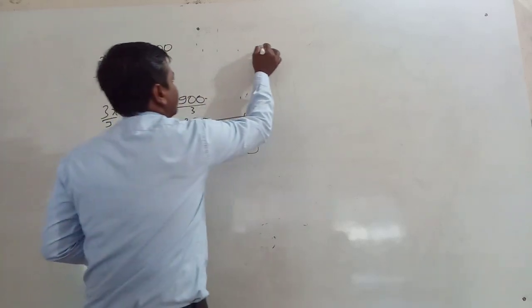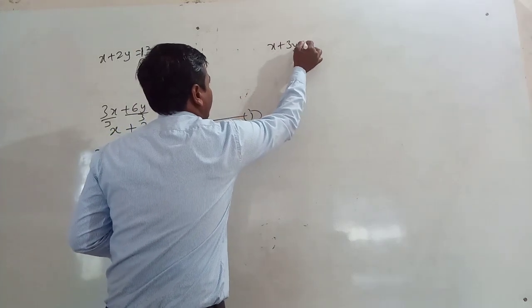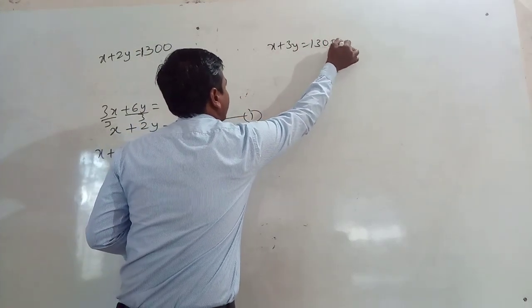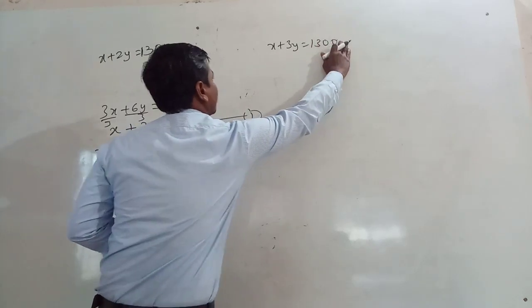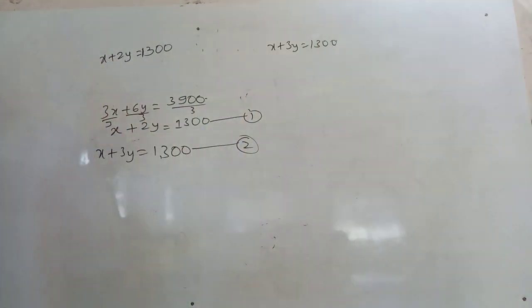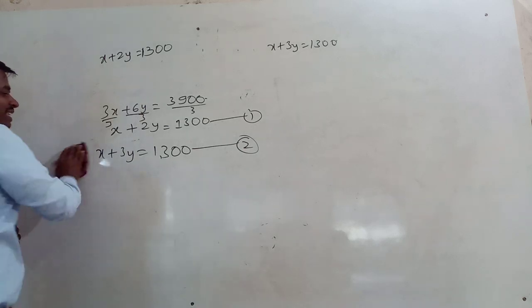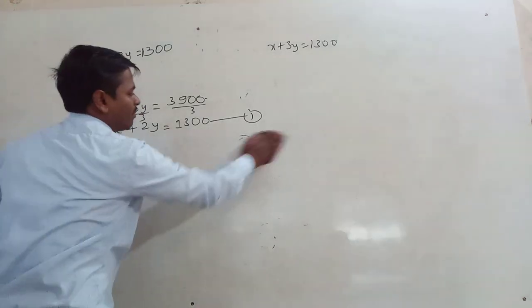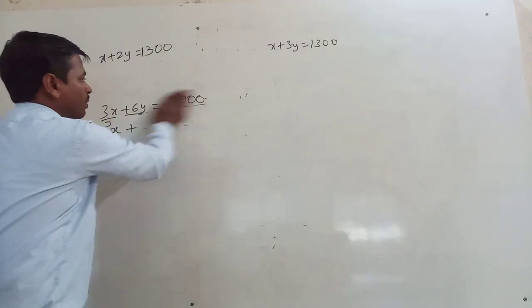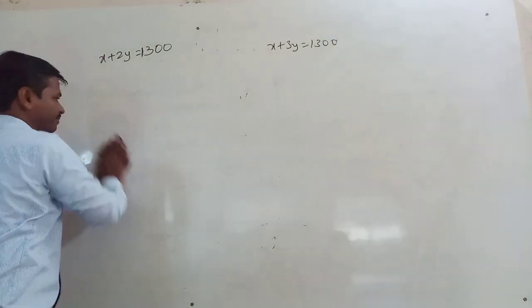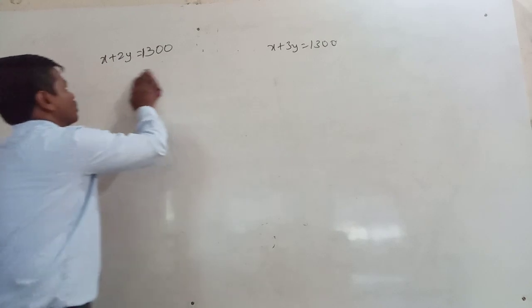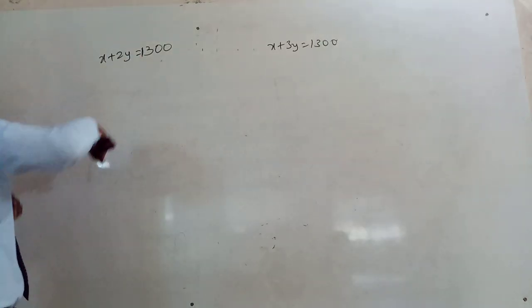Second: x plus 3y equal to 1300. Okay, these are the two equations. Now first let us simplify for x and y values so that we will get the coordinates of points. What are the possible ways? First we will write in terms of x or y.